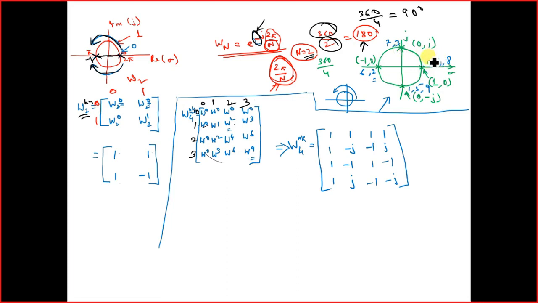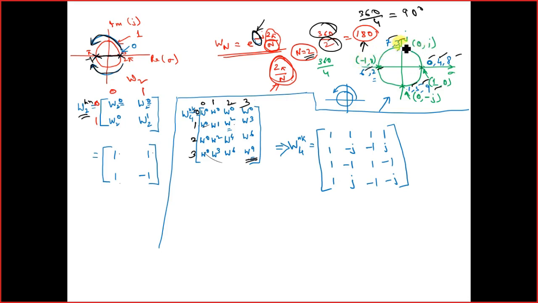So let's mark it 0, 1, 2, 3. But we have seen that the frequency component is repeating itself. So after 3, we will have 4, 5, 6, 7, 8, 9, and if you see, we have values up to W9. So we will just put the values from here. W0 has a value of 1, W1 is minus j, W2 is minus 1, sorry.